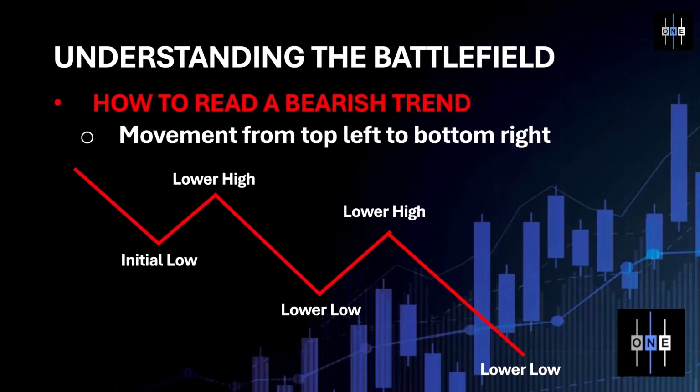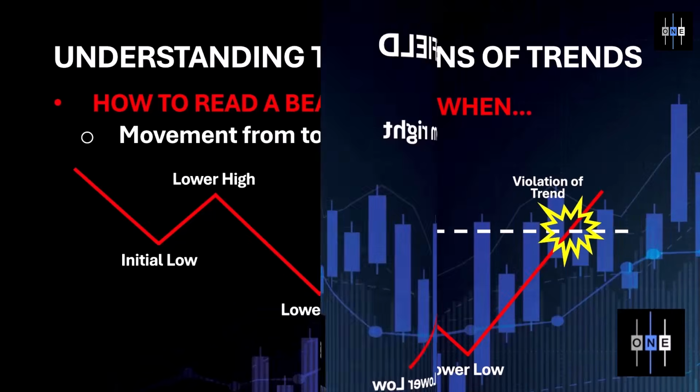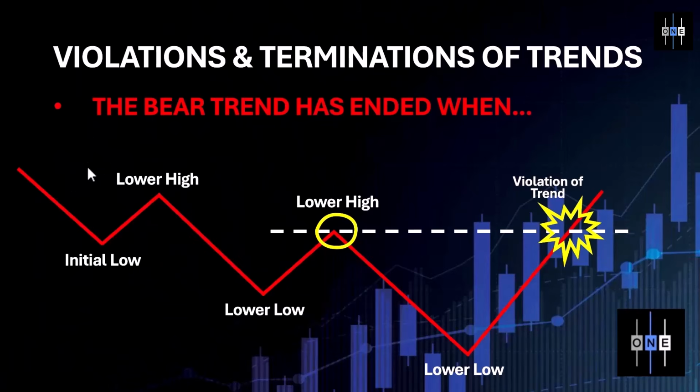This time we're looking for consistency in lower highs, right? So the highs are getting lower, and lower lows. The lows are getting lower. Bearish, same thing, but opposite, flipped, right? Our series of lower highs and lower lows tell us we're in a bearish trend.